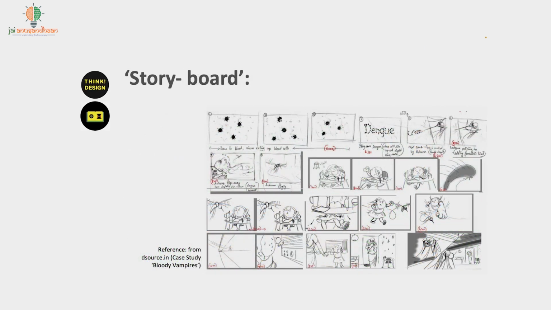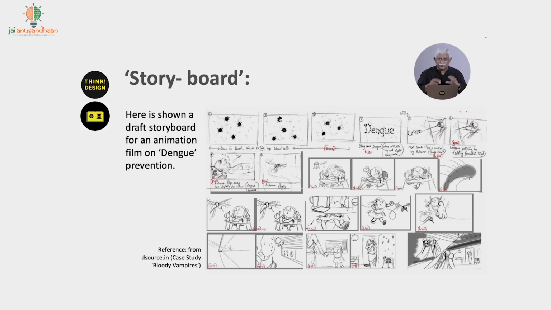Here it is a lot more detailed storyboard. This is the case of dengue fever, and the person is trying to put it all into different scenes. When put together, he would actually make an animation film out of that. These are the sketches, and it's the initial draft storyboard the person has done, which in animation you can play one after another and also put the audio into it.